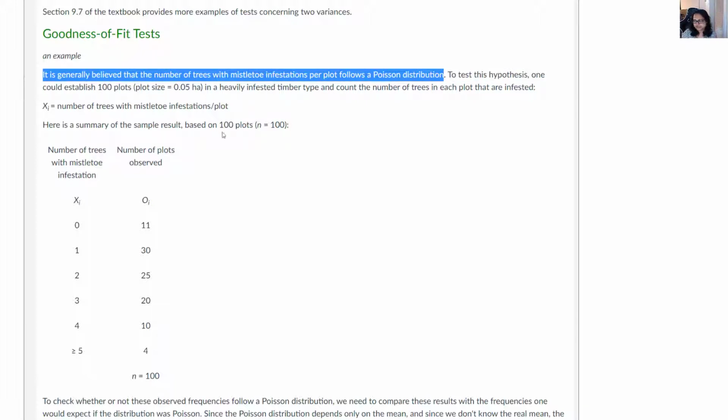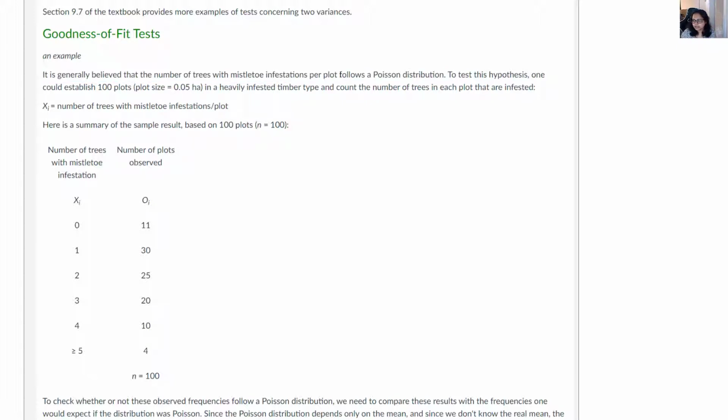I would like to show you in Excel. At first we need to define what we have in the example. We are talking about the Poisson distribution, which means we want to test whether the data set follows a Poisson distribution or not. We have 100 plots, and in the data set we have the number of trees with some infestation and the number of plots we observed.